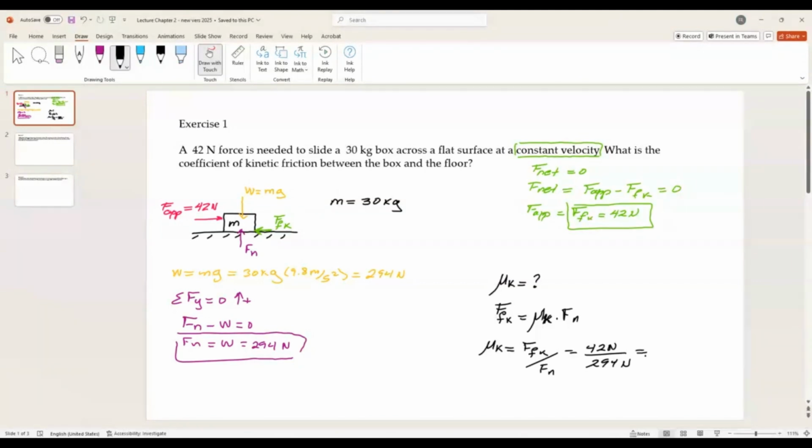Of course, the newtons cancel out. Mu sub k is dimensionless, and we will get that mu sub k is 0.143, or approximately 0.14. So here we have, with two significant figures, the value of the coefficient of kinetic friction.